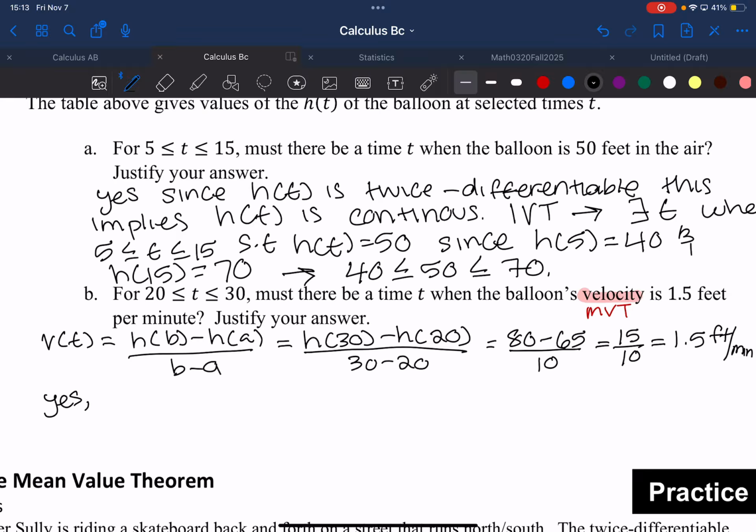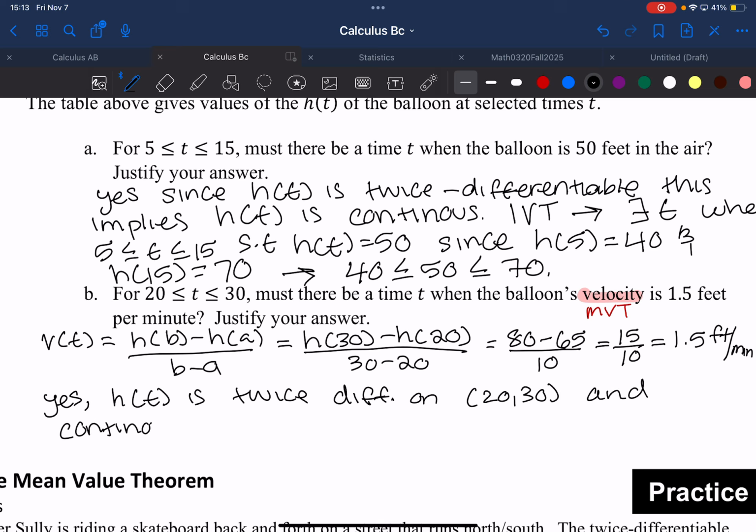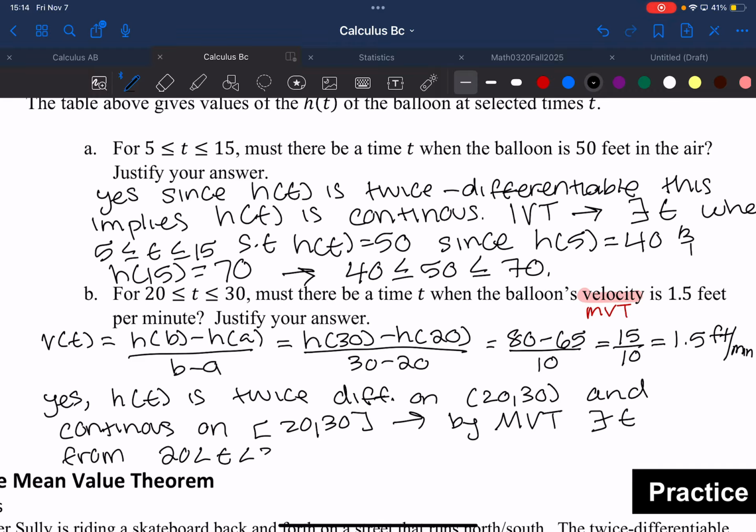So we would say yes, and we still have to talk about, since it's differentiable, it implies continuity, so we would say yes, h of t is twice differentiable on the open interval 20 to 30 and continuous on the closed interval 20 to 30, which implies by the mean value theorem, there exists t, 20 less than t less than 30, such that the derivative of h of t, which is equal to velocity, v of t, is equal to 1.5 feet per minute.